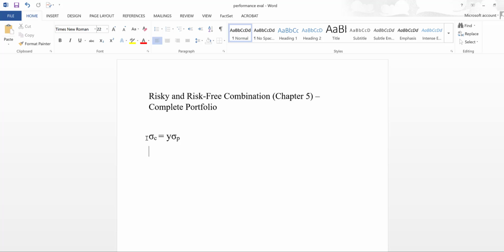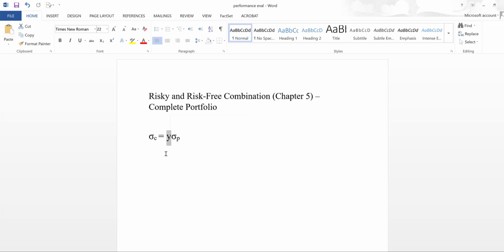If you don't recall this equation from chapter 5, make sure you go back and look at your notes and textbook information, right? When you add risky and risk-free assets together, the resulting portfolio, which is the complete portfolio, has a risk which is sigma c, that is given by y.